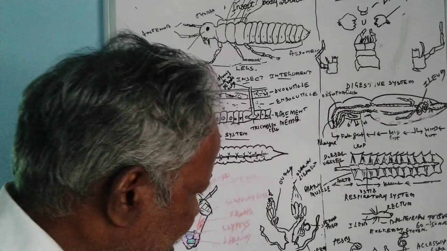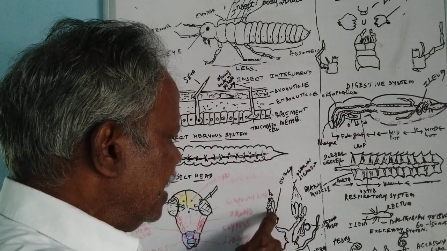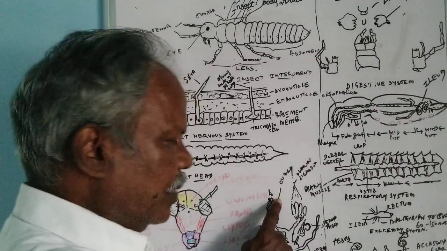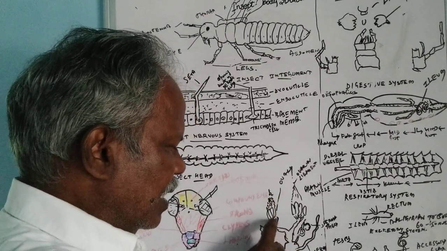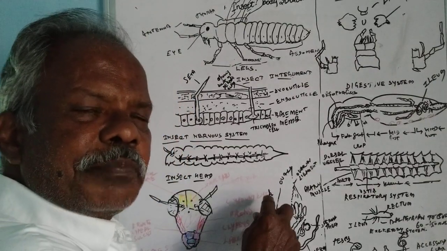So this is with regard to the female reproductive system, and the ovariole is the unit where the ovum starts forming in the mother cell.